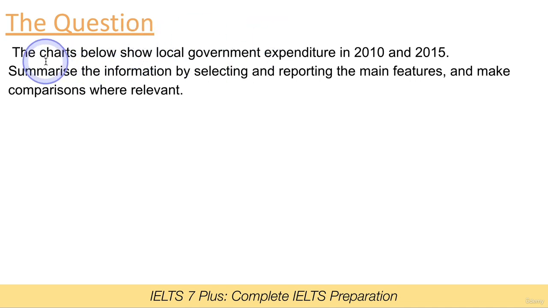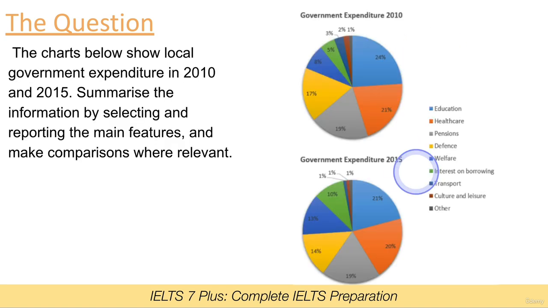Okay, so what are we looking at actually? There are two pie charts that are going to be talking about government expenditure. So what the government is spending their money on. These might be the pie charts, maybe one for 2010 and one for 2015. Oh, and we have them here, and there is a pie chart for each of these years.